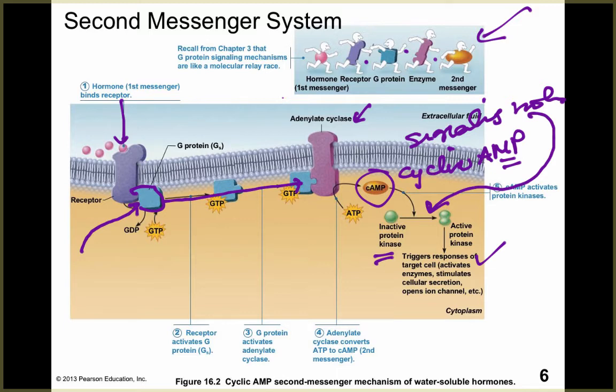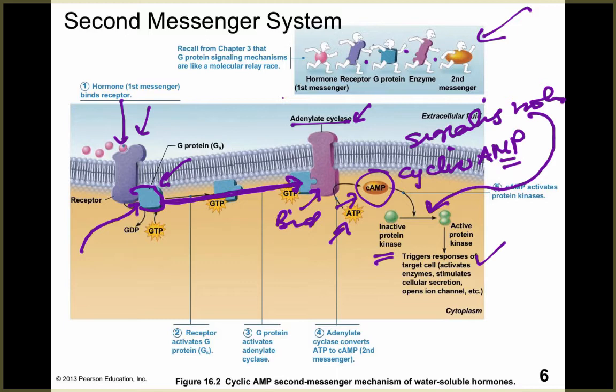The hormone comes in, binds this protein. That protein has another protein attached to it, which gets activated, moves across the membrane to bind to this adenylate cyclase, which is an enzyme. That takes ATP and changes it into the second messenger, the signaling molecule, cyclic AMP.